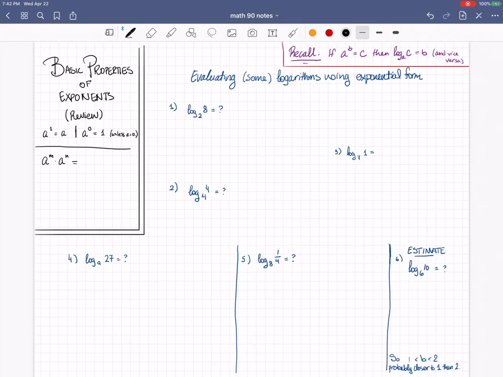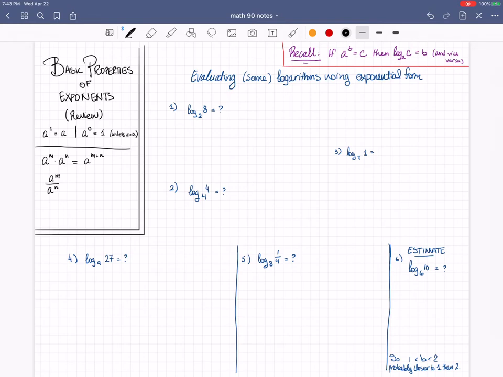So the first property that I like to look at is the one that takes 2 powers of a and multiplies them together. And what happens is we can consolidate these into a single power of a where the power is the sum of the other 2 powers. So a to the power m times a to the power n is equal to a to the power m plus n.